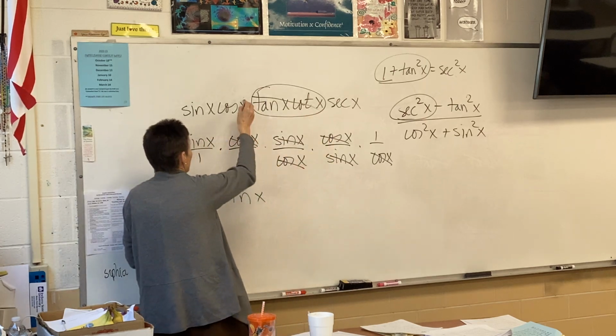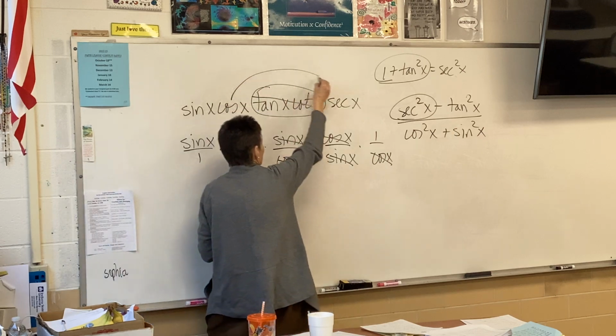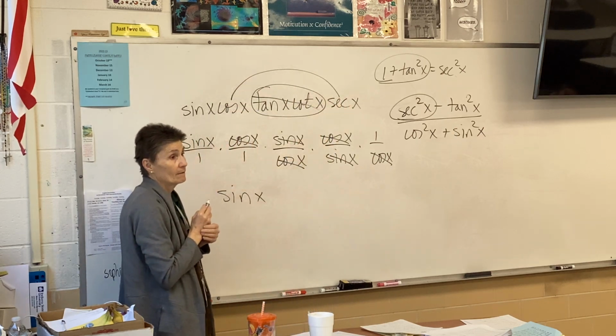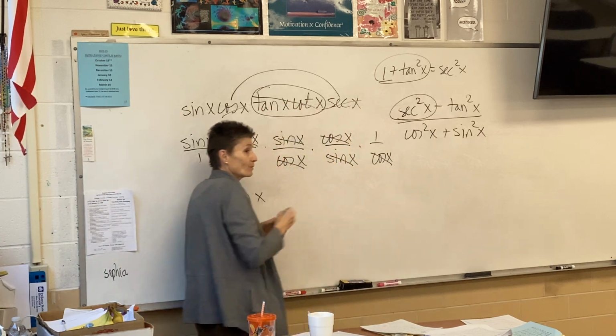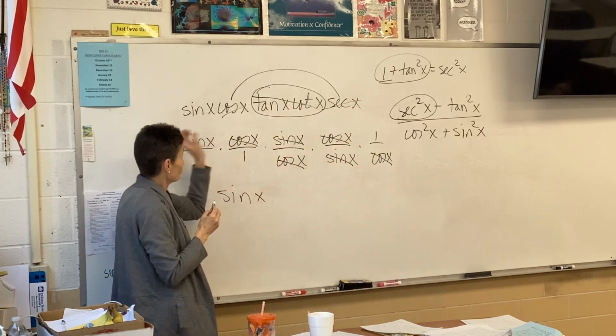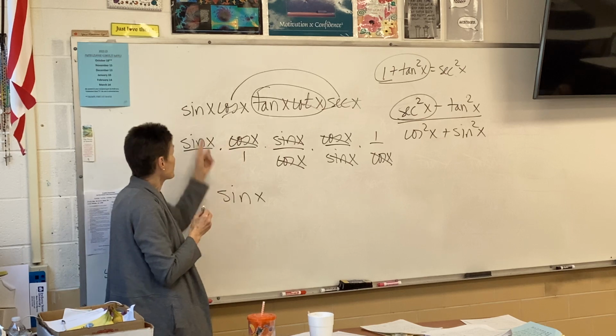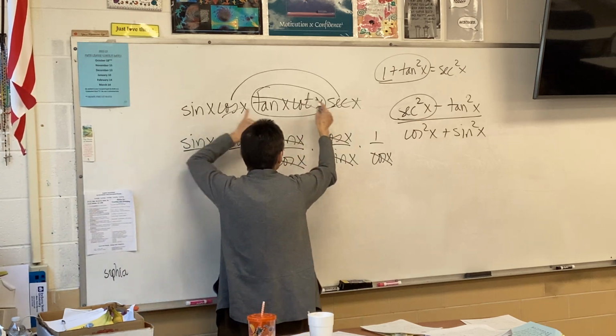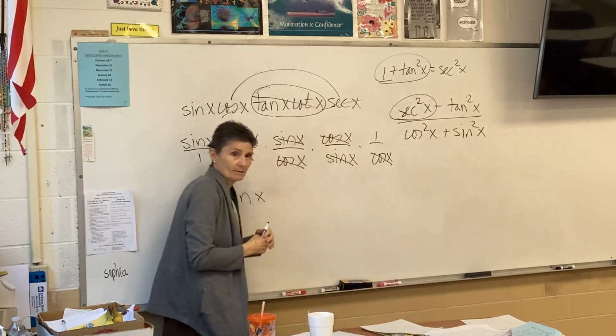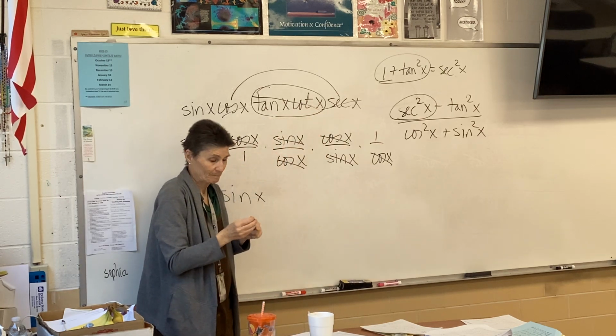What happens when you multiply a cosine times a secant? 1. They cancel each other out. So for those of you that are getting good at this, you could just look at this problem and say the answer is going to be sine, because these reciprocals are going to cancel each other out.